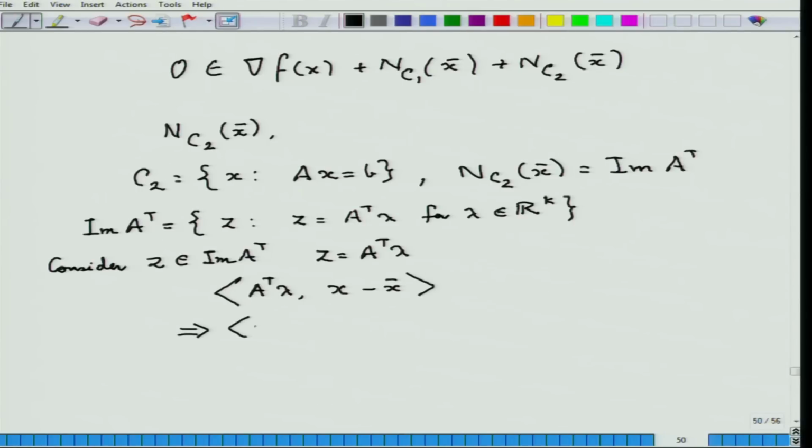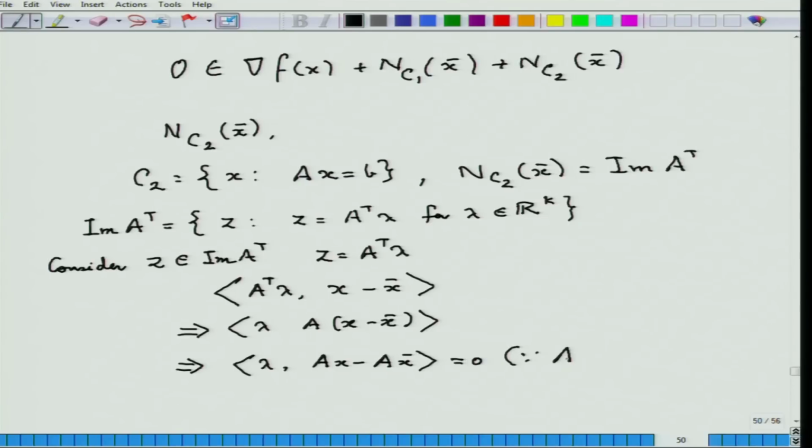So, this would imply lambda times A of x minus x bar, but this means Ax minus A x bar. But if these both are in C, then both are equal to b.